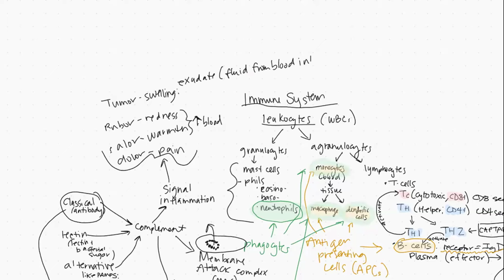And along with the fluid, of course, comes all of your white blood cells and the clotting factors and healing molecules and everything like that. Okay, so that's the exudate, and the buildup of exudate in the tissues leads to edema.